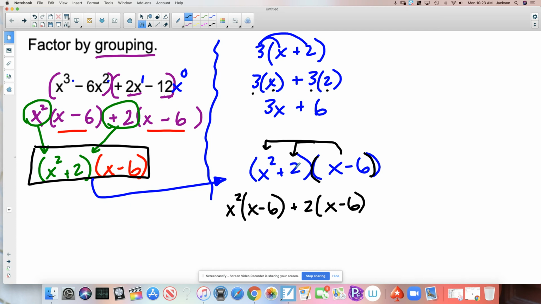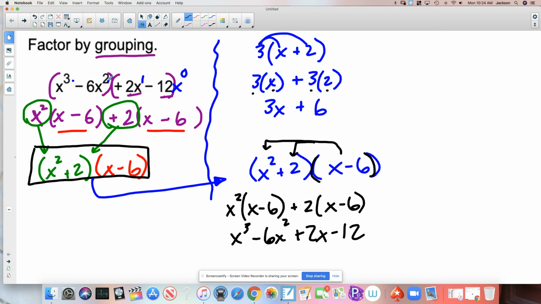So this idea of grouping is a way of doing reverse distribution with two binomials. If you kept going here, you get x cubed minus 6x squared plus 2x minus 12, which is what this is.